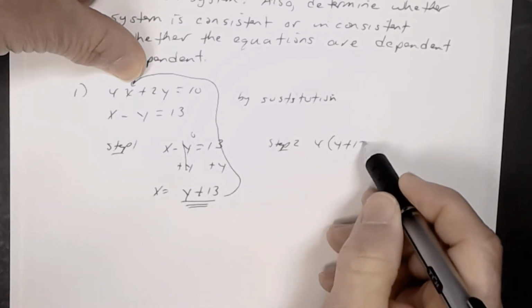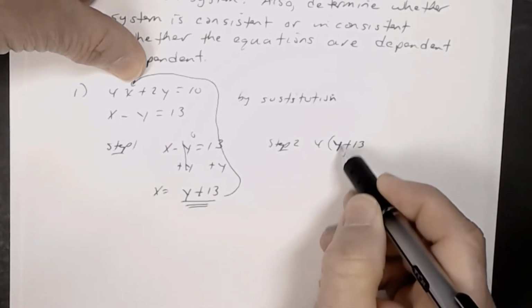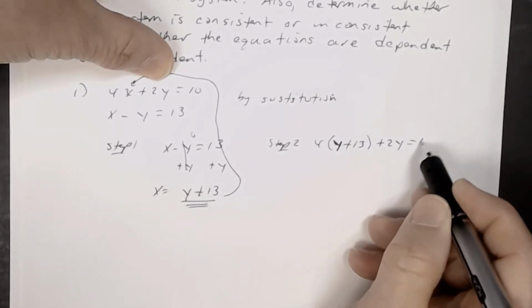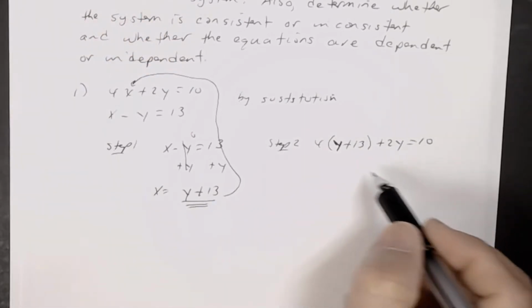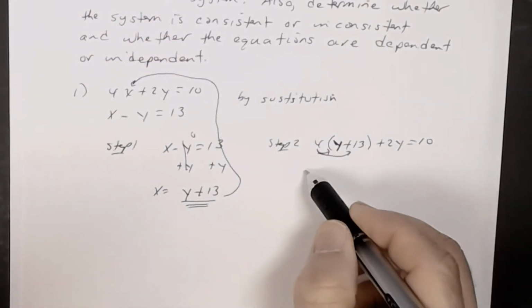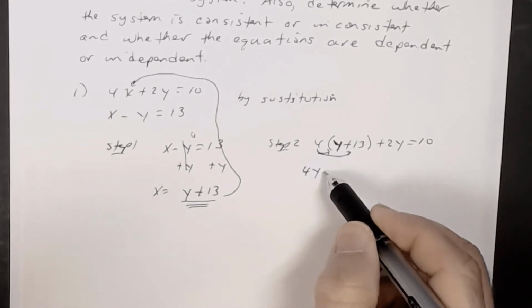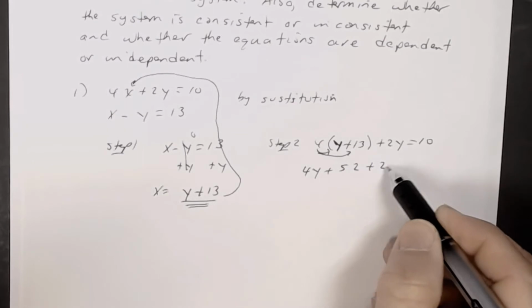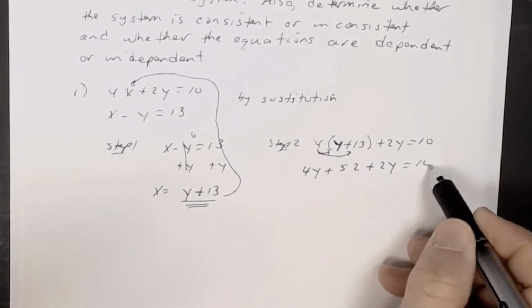Make sure you put that in parentheses, plus 2y is equal to 10. Then you solve this linear equation. I'm going to distribute the 4, so I get 4y plus 52 plus 2y equals 10.